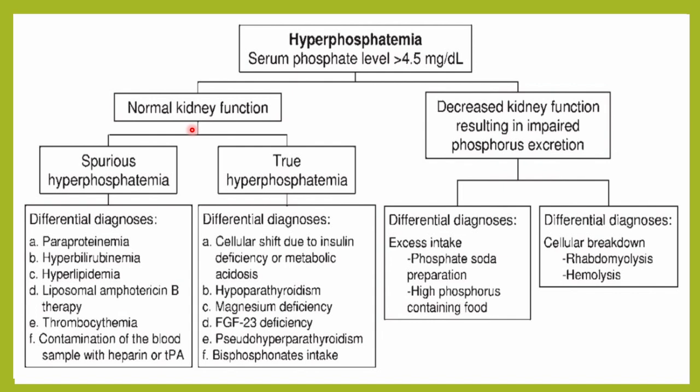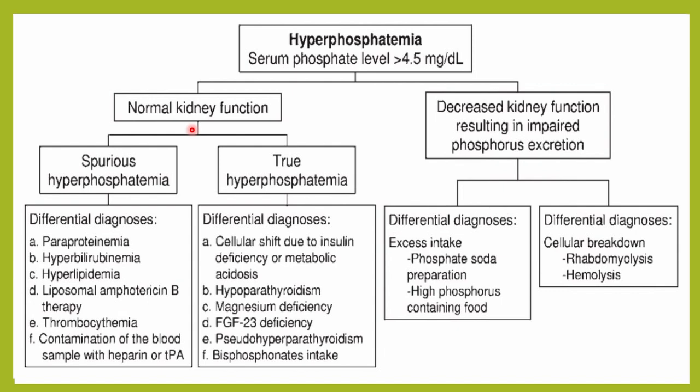So what is this spurious hyperphosphatemia? The patient actually will not have hyperphosphatemia, but because of the presence of increased proteins, increased bilirubin, increased lipid in his blood, that can interfere with the analytical assays and give a falsely elevated level of phosphates in the serum.